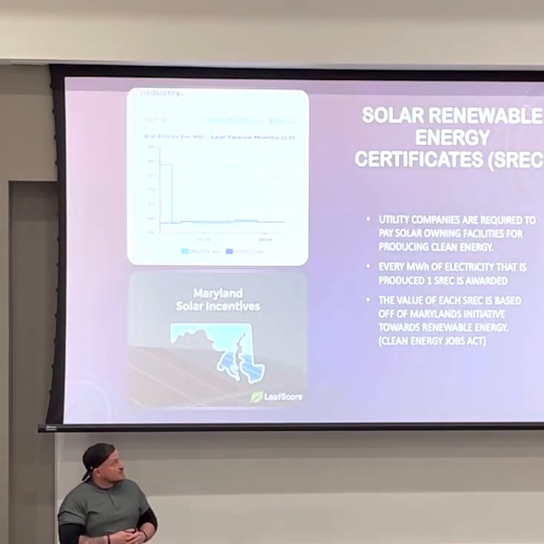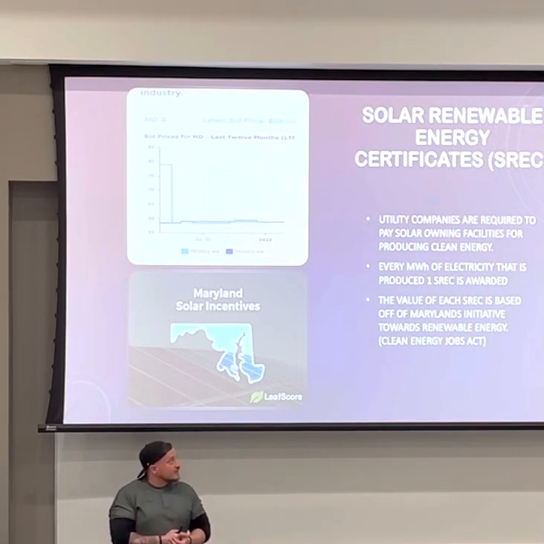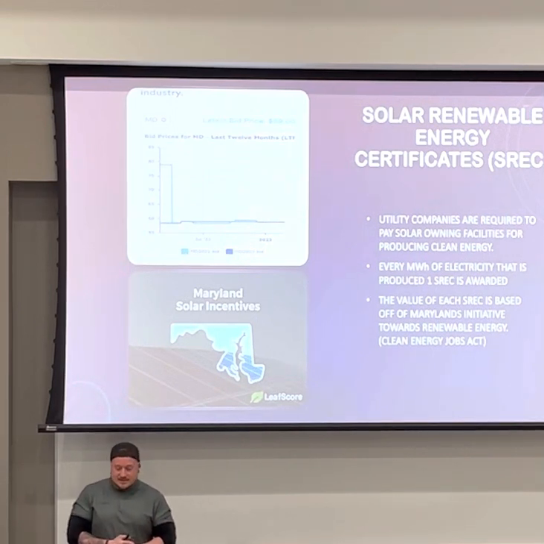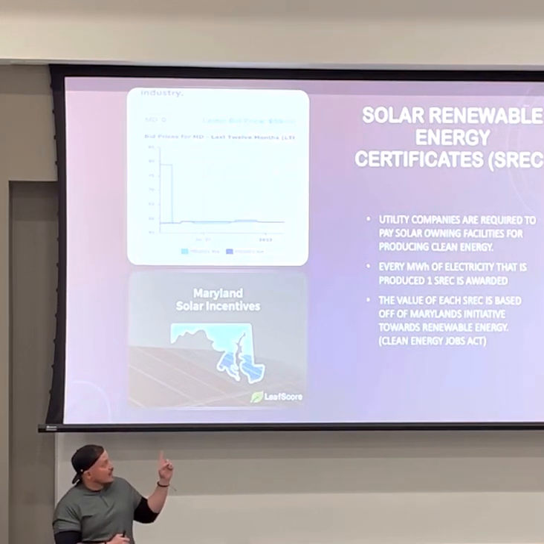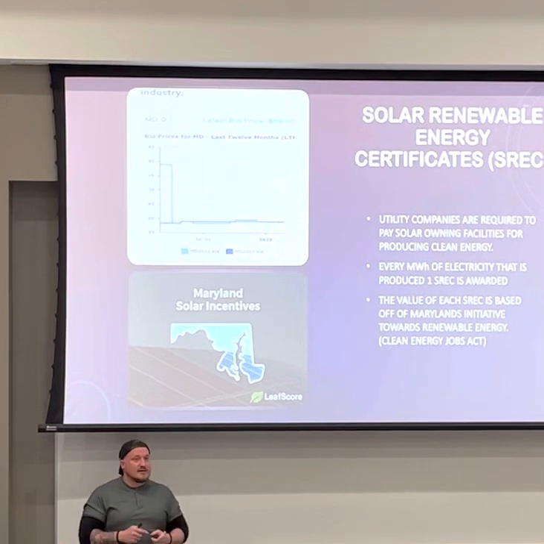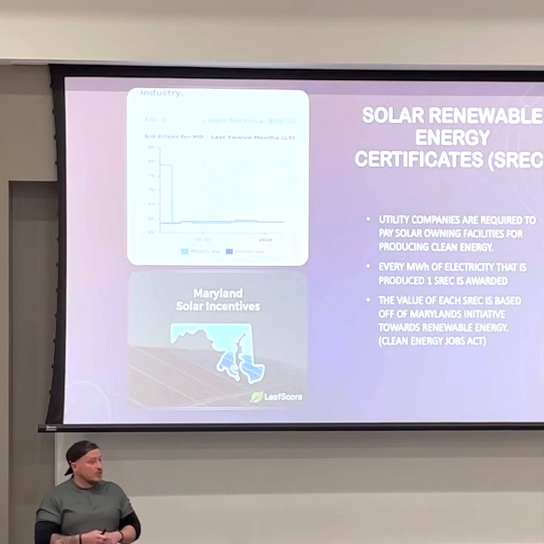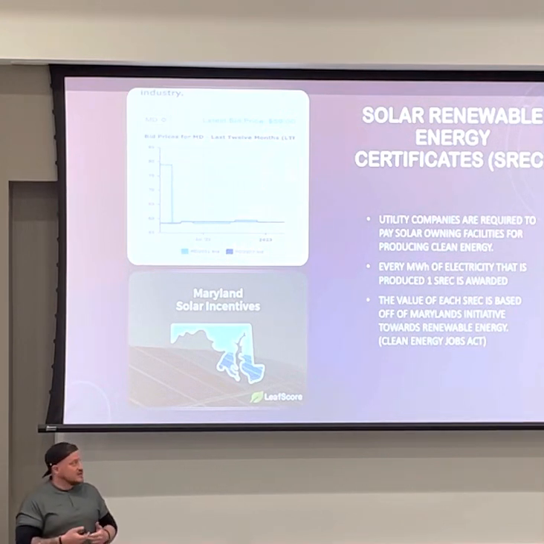Another thing is solar renewable energy certificates. So it's kind of a two-part thing. The Clean Energy Jobs Act actually mandated this. This is money that you get for producing clean energy, all right? The state wants clean energy, and they're mandating that we have to be a certain percentage by a certain year.